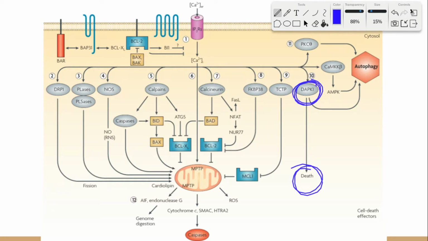It has something to do with P53, but other than that, it's not understood. But it is known to be a potent tumor suppressor because it activates cell death, so a cancer cell would want to get rid of it. Its overexpression causes cell death. But it is calcium dependent, and that's what's important for our discussion: this calcium-dependent DAPK protein can induce cell death.